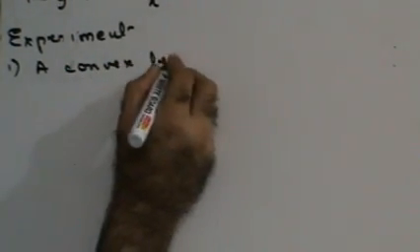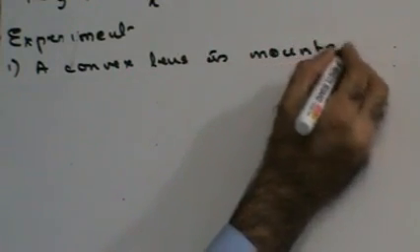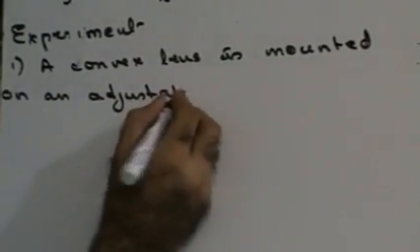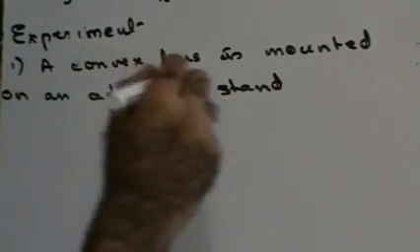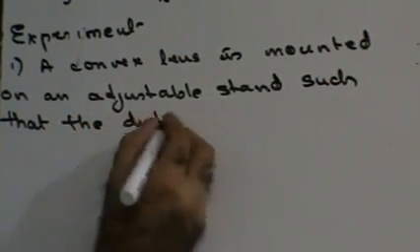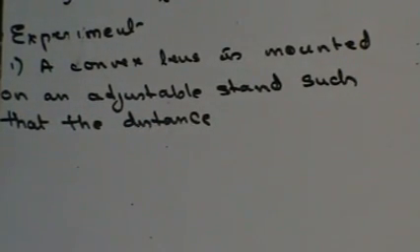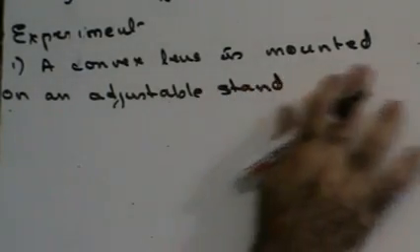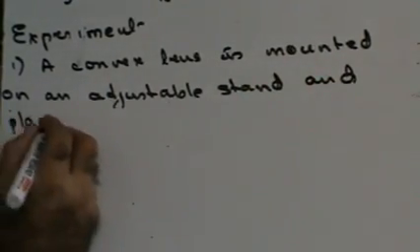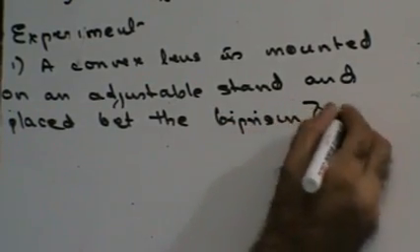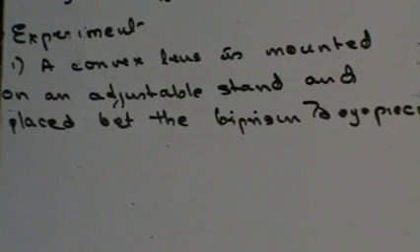First thing that you do is a convex lens is mounted on an adjustable stand and placed between the biprism and eyepiece. Right, the first thing that you need is a convex lens.